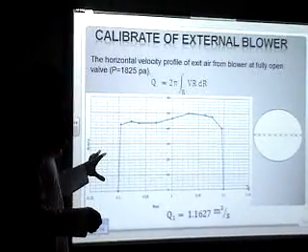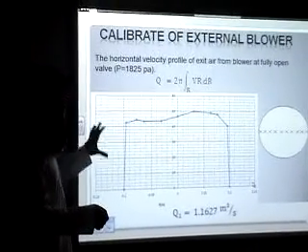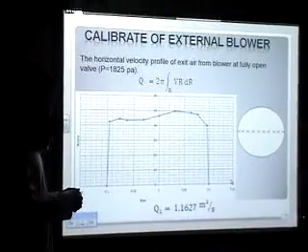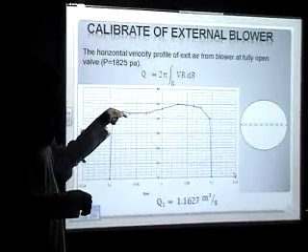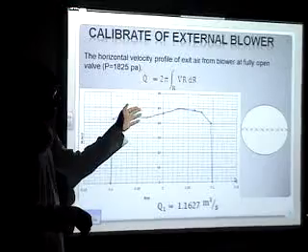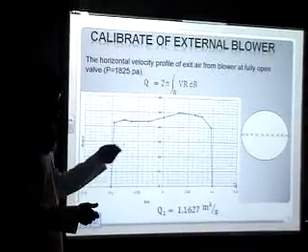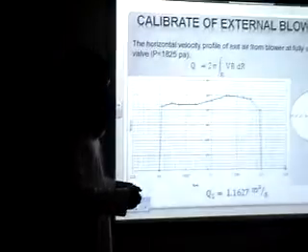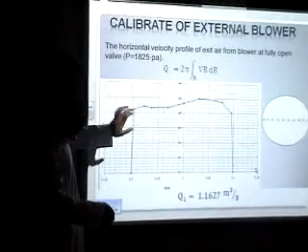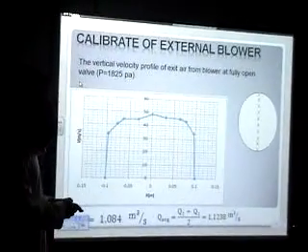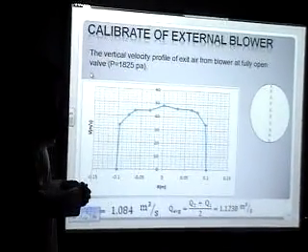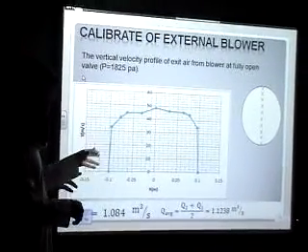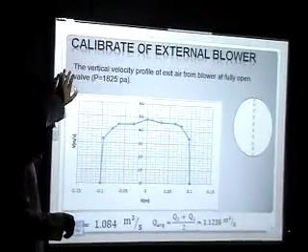And this figure comes from the horizontal velocity profile at fully open valve, and we get this profile by measuring the velocity at different positions by using an anemometer device. Then we calculate Q equal to 1.1627 cubic meters per second. And the same thing for the vertical plane. Then we take the average value between horizontal and vertical, which comes to 1.1238.